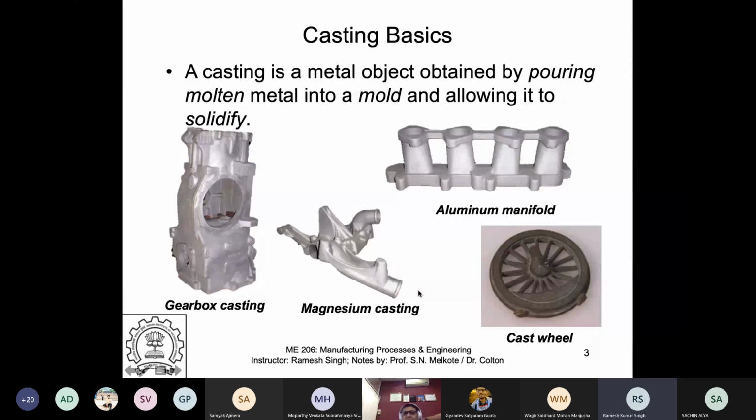The biggest casting in an automobile is still the cylinder block, and of course the wheels were cast. So basically, a casting is a metal object obtained by pouring molten metal into a mold and allowing it to solidify. That's what basic casting is all about.